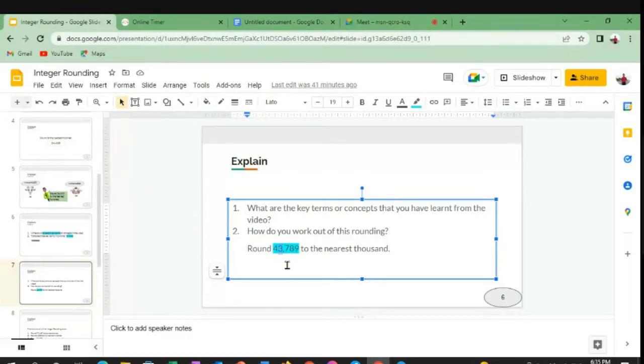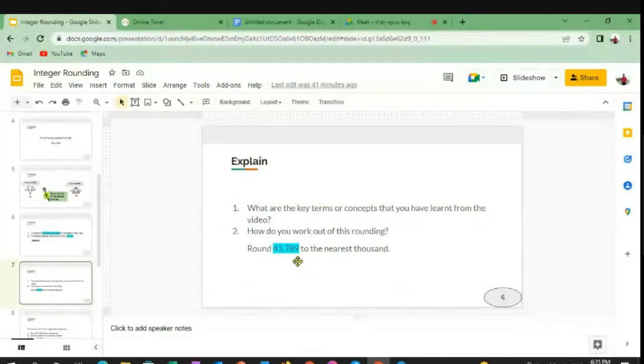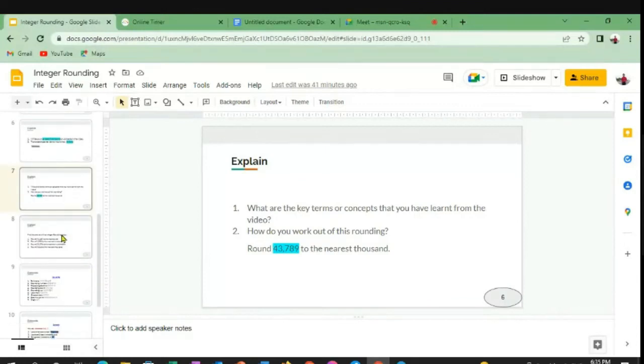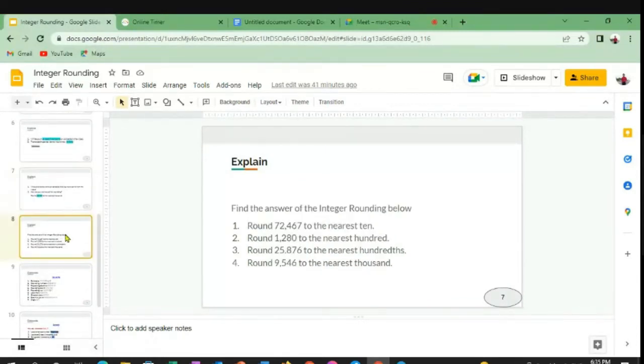If the right number is 5 or greater than 5, meaning 5, 6, 7, 8, 9, we round up. So this answer is 44,000. And we move to another slide.